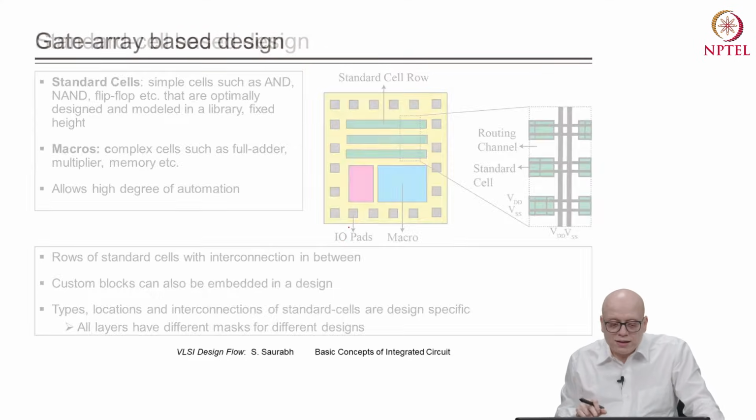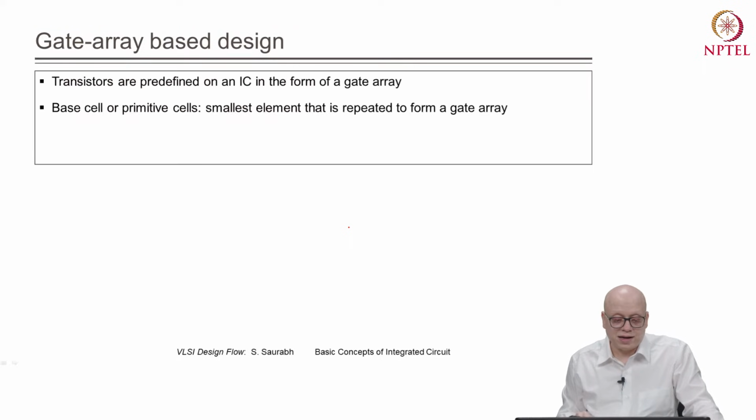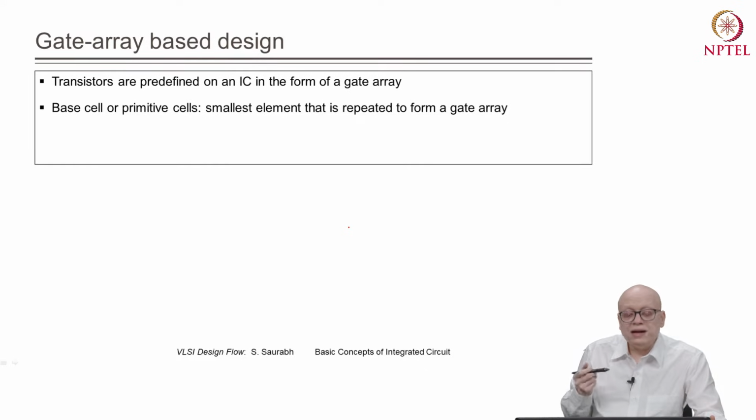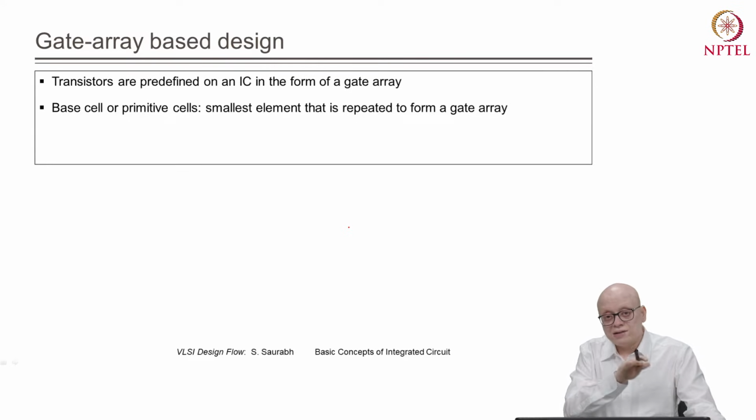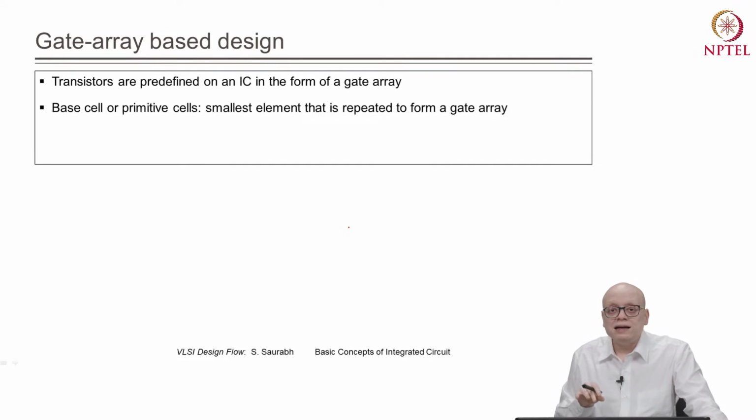Okay. The third type of design style is gate array based design. In gate array based design, the transistors are predefined on an IC in the form of a gate array. So the transistors are already there. The designer has no control over where the transistors will be on the layout.